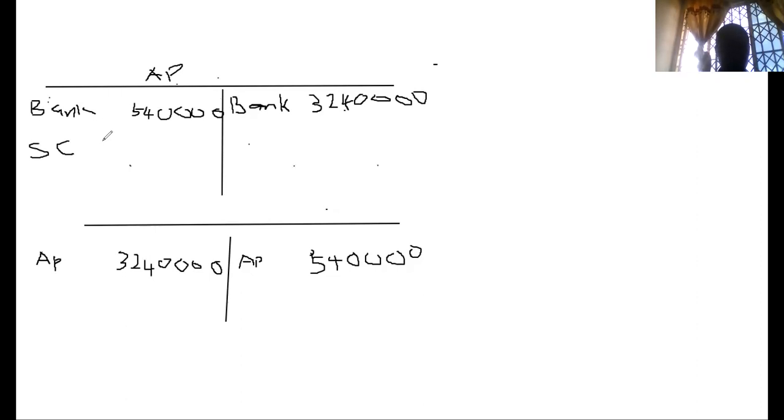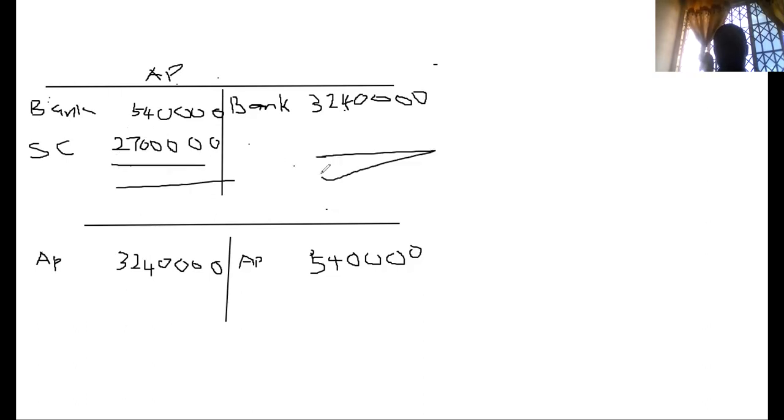That will be 2,700,000. So 3 zeros. So that we close the application account. So at the end of the day, that will be 324,000.